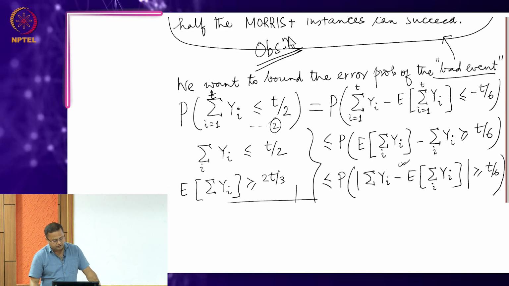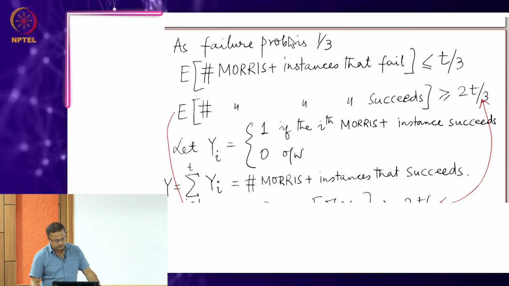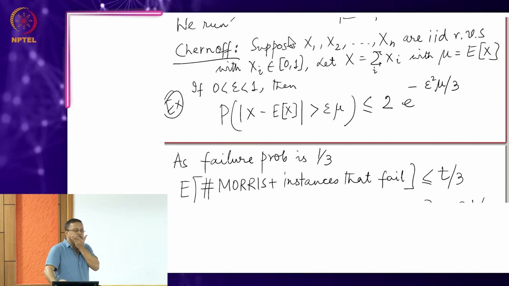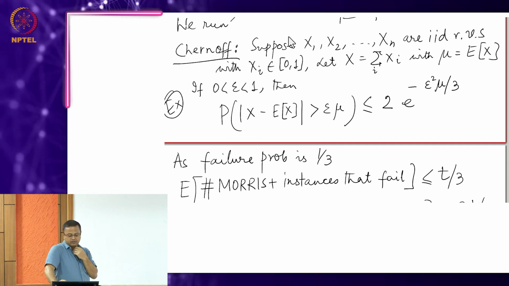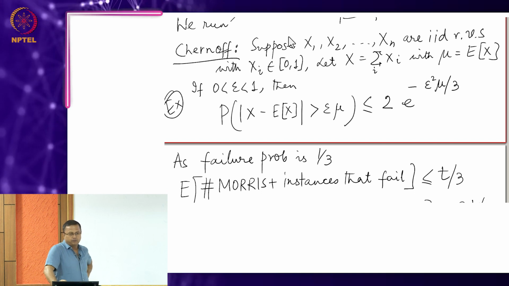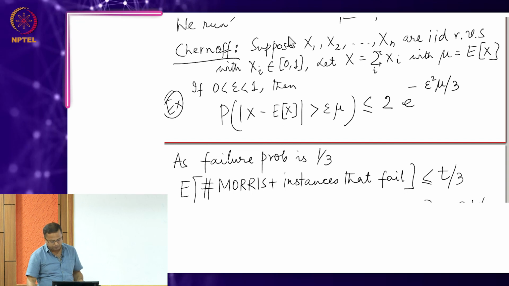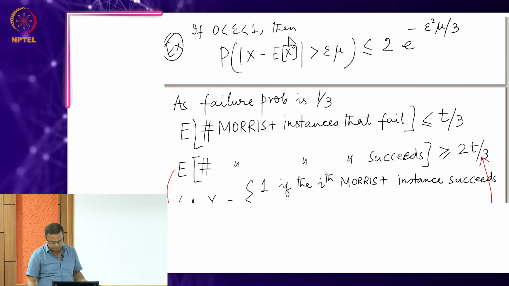Now this is perfectly in the Chernoff form that I wanted, right? Mod X minus expectation of X greater than or equal to some epsilon into mu. So apply this Chernoff with the particular values of epsilon and mu.